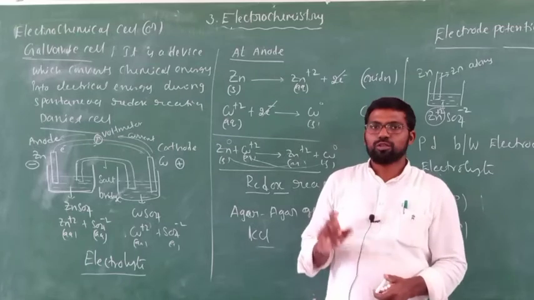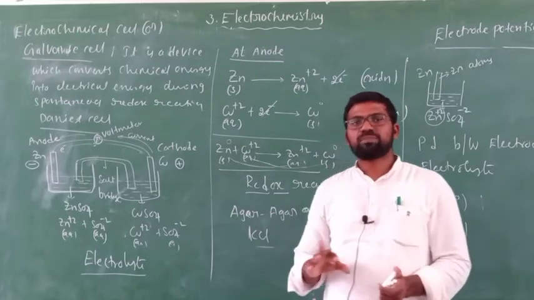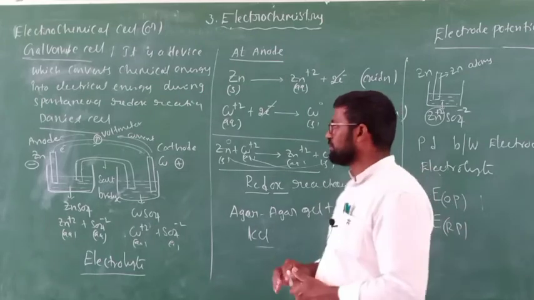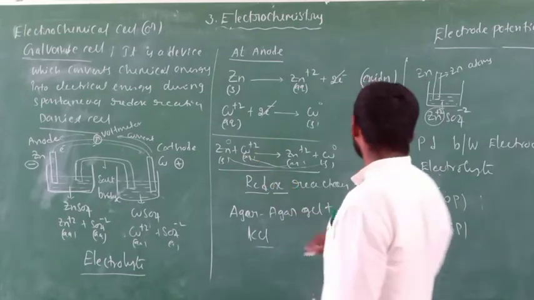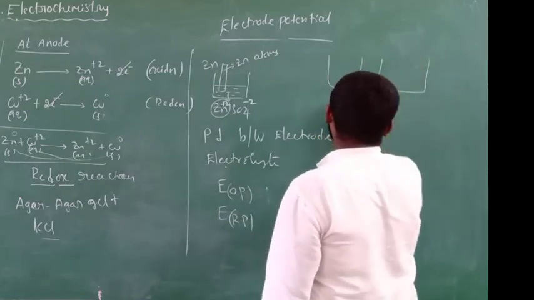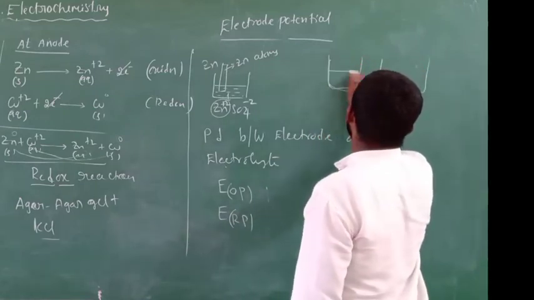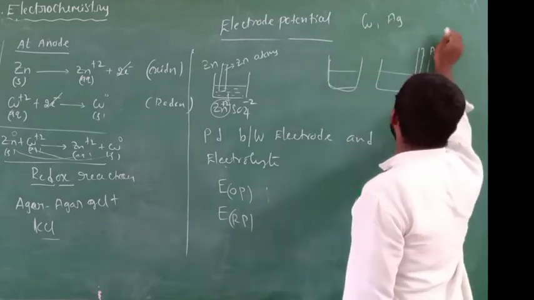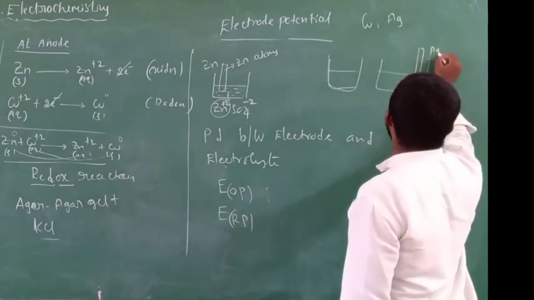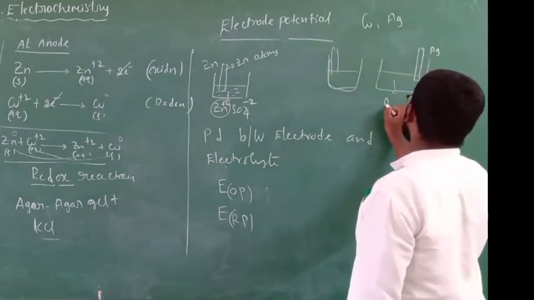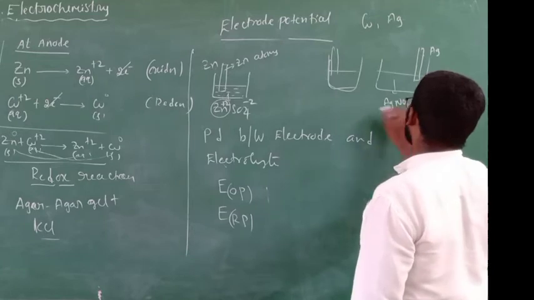But dear students, you should note that these tendencies may change if we change the metals here. For example, instead of zinc and copper, if I use copper and silver, in such a case, let it be AgNO3 solution.